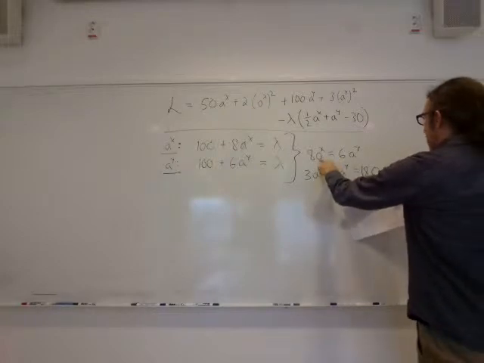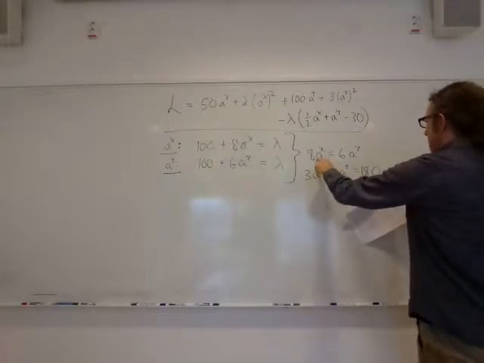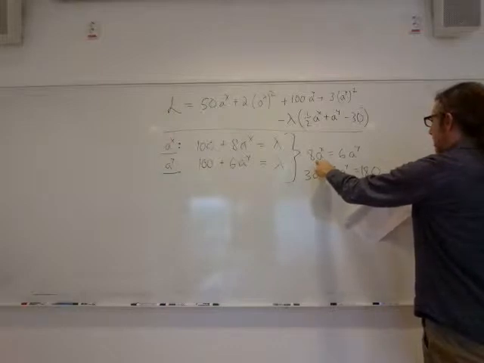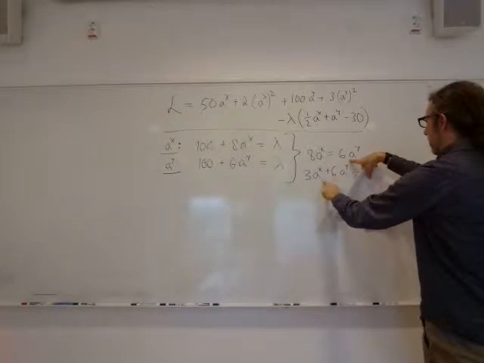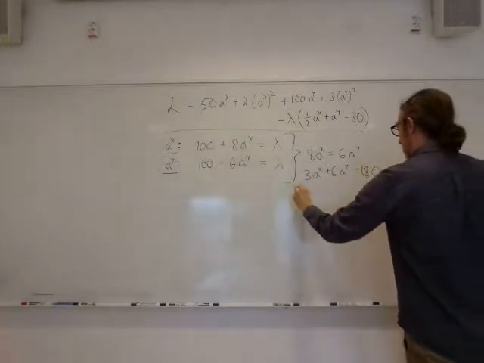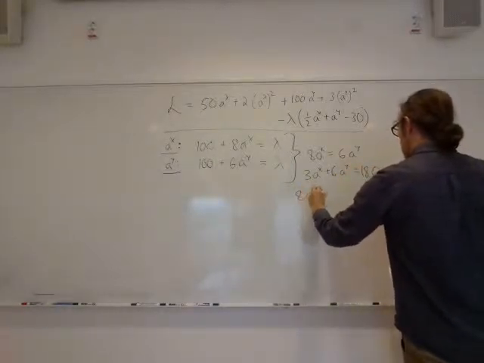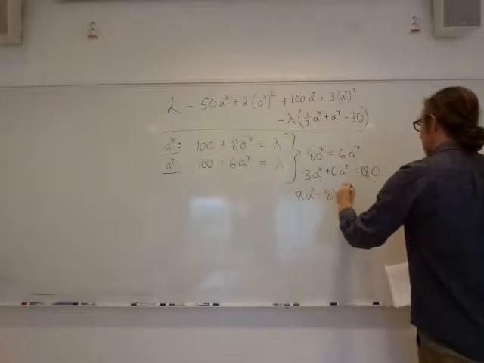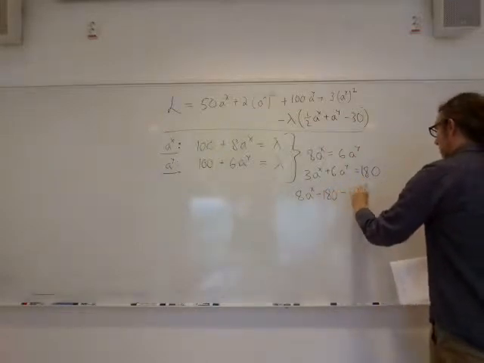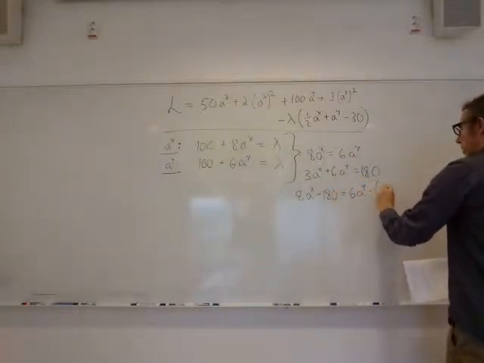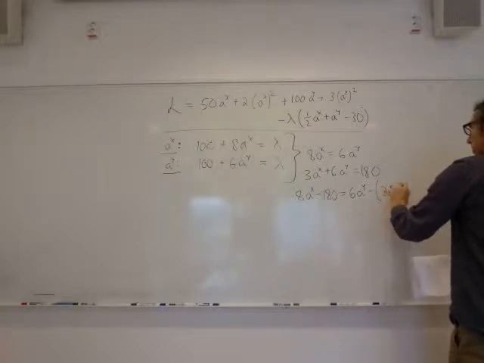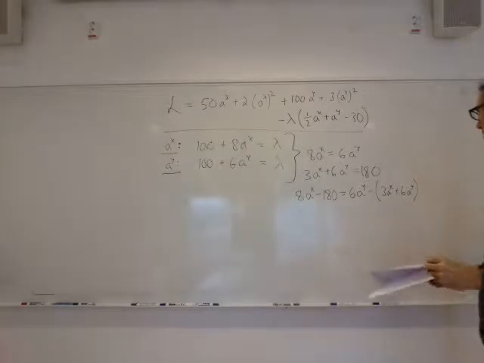So then if we take 8AX minus 180 must be equal to 6AY minus this lot, 3AX plus 6AY.